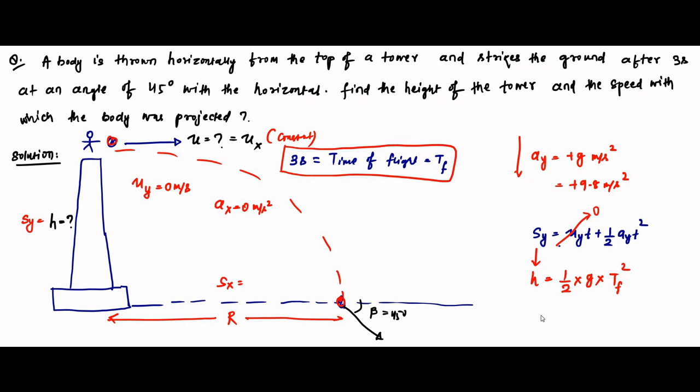So that is equal to 1/2 into 9.8, nothing has been mentioned so 9.8 is the default value, into tf square, which is equal to 3 square.